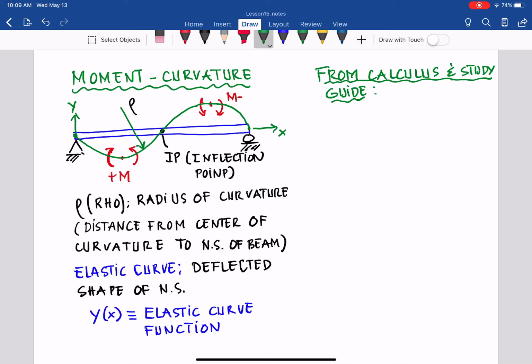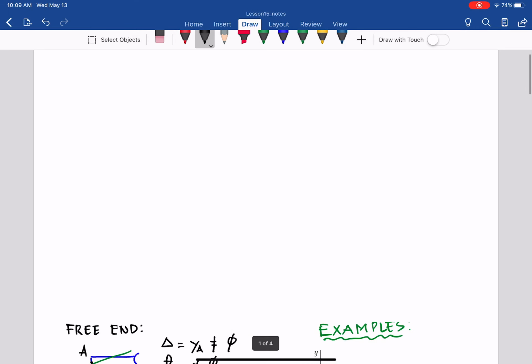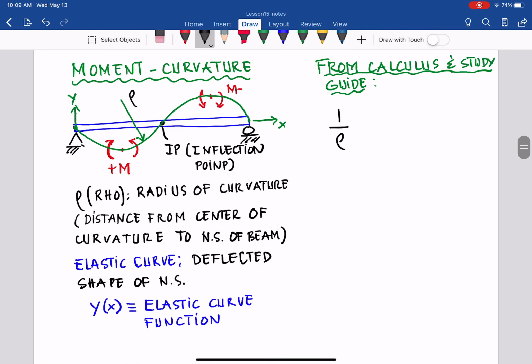So we have the degree of curvature, 1 over rho, equal to the second derivative of y with respect to x, over the square root of 1 plus the first derivative of y squared, to the power 3 over 2. That is the equation we have.